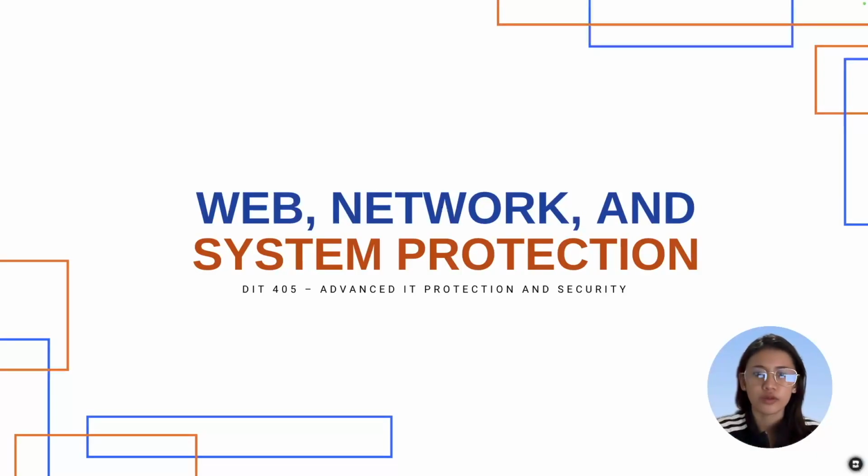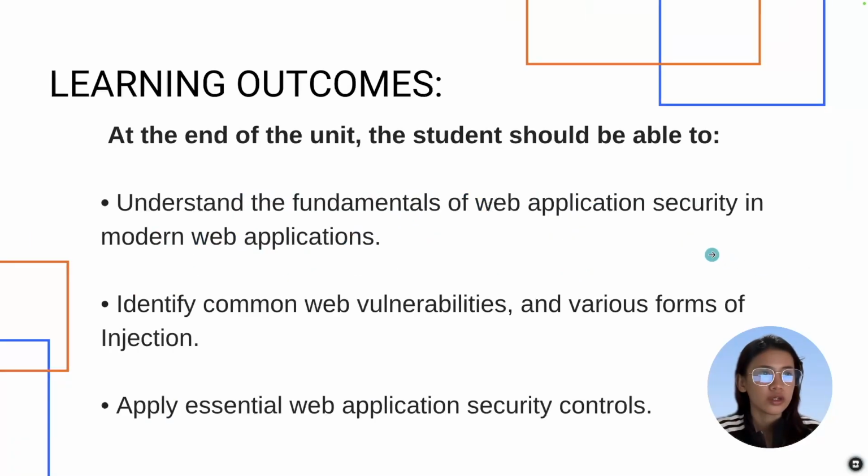So, good day everyone. Today we are going to tackle web networks and system protection. For our learning outcomes, at the end of this unit, the students should be able to first understand the fundamentals of web application security in modern web applications.